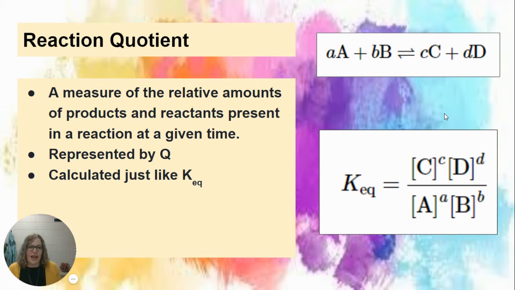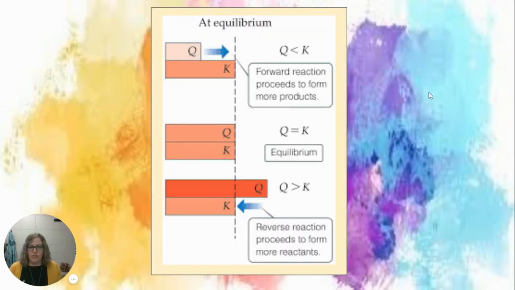So there's not that big of a difference between them. You're going to get a number, unitless, just like every other equilibrium constant calculation. But then with that unitless number, you need to compare that to your K, and think about what that number means relative to your K value.